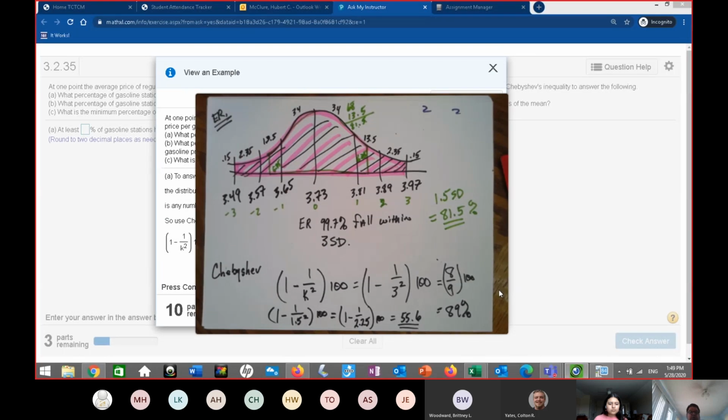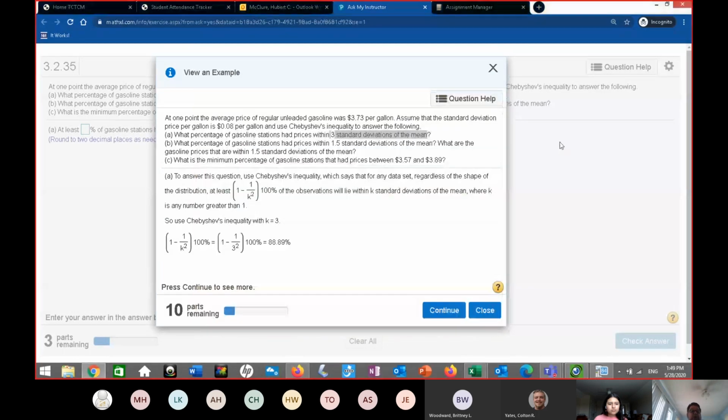Let's do one more. It says, what percentage, okay, I'm sorry, I didn't read the rest of the question. What are the gasoline prices that are within 1.5 standard deviations of the mean? Well, we got that right here. What's halfway between 3.81 and 3.89?